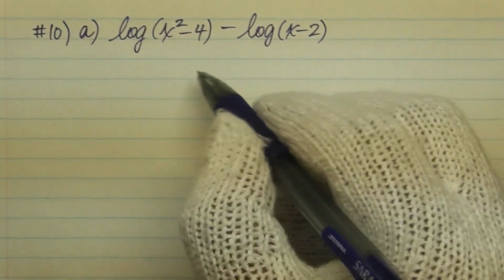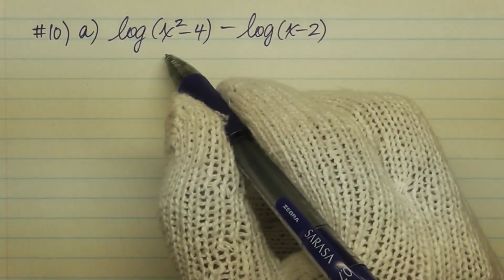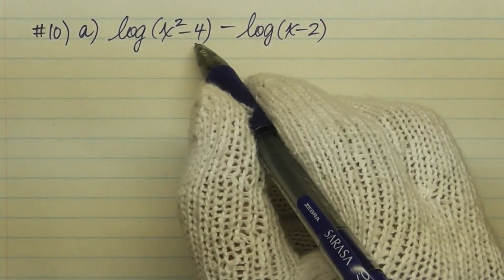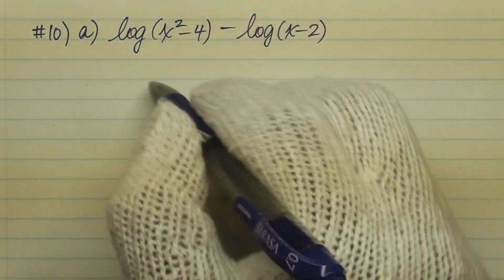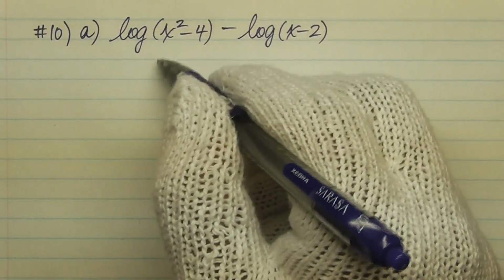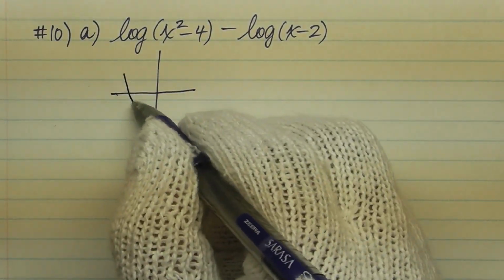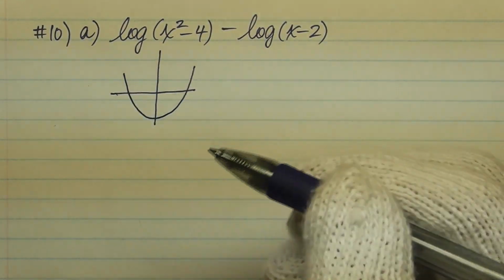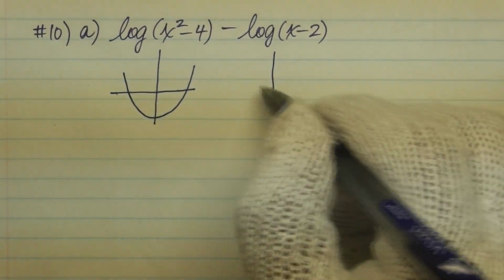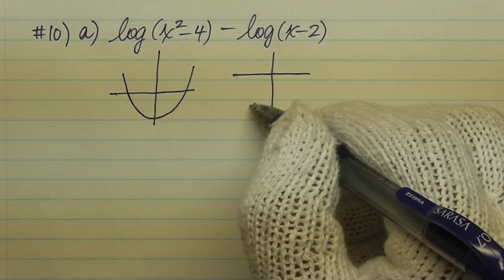So a couple of things. First of all, the argument for log must always be greater than 0. Now there's two ways to look at that. X squared minus 4 is basically this graph, and x minus 2 is basically this graph.